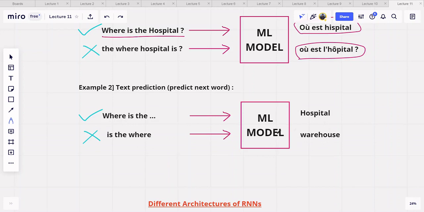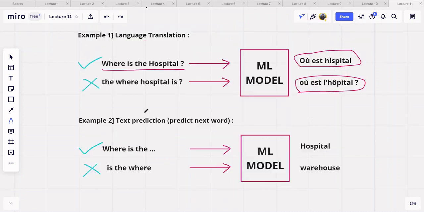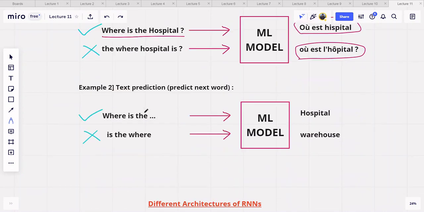So again, depending upon the sequence of the input, you can see that both inputs contain the same words, but the sequence has been changed. This is what you call sequential data, and RNNs are basically designed to handle this kind of problem where the sequence of the input matters.